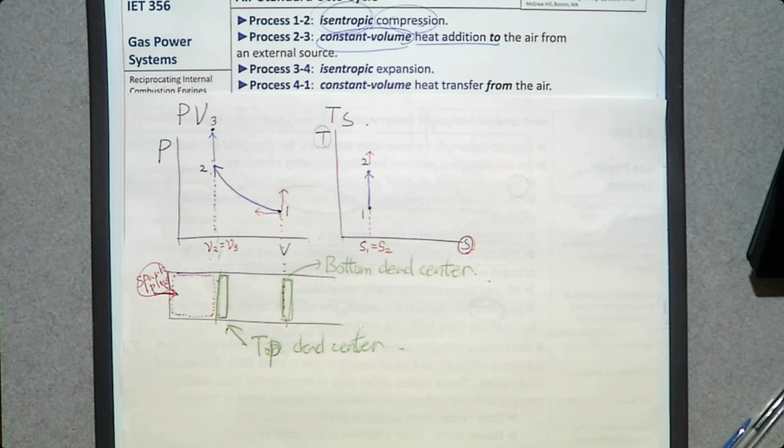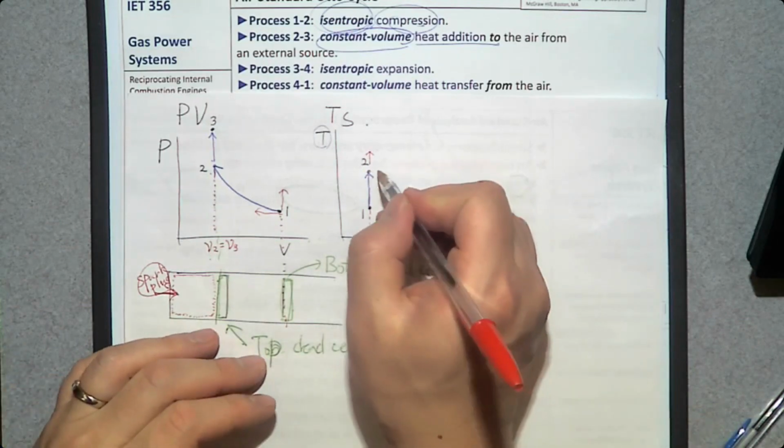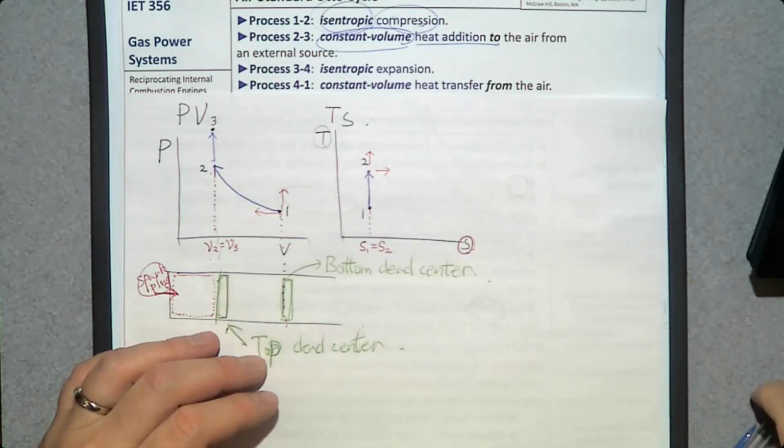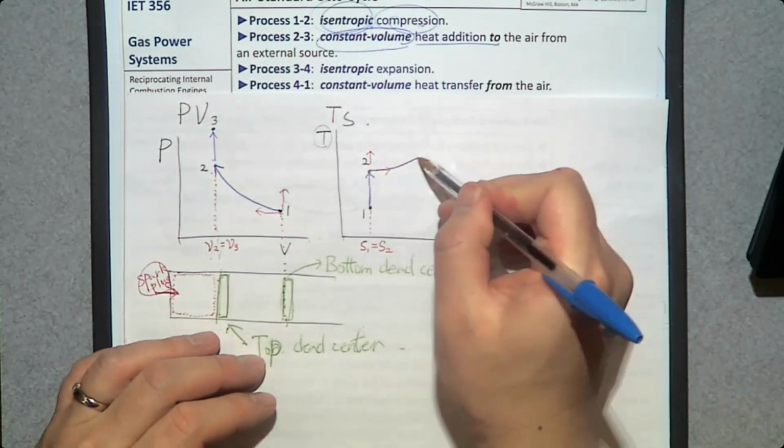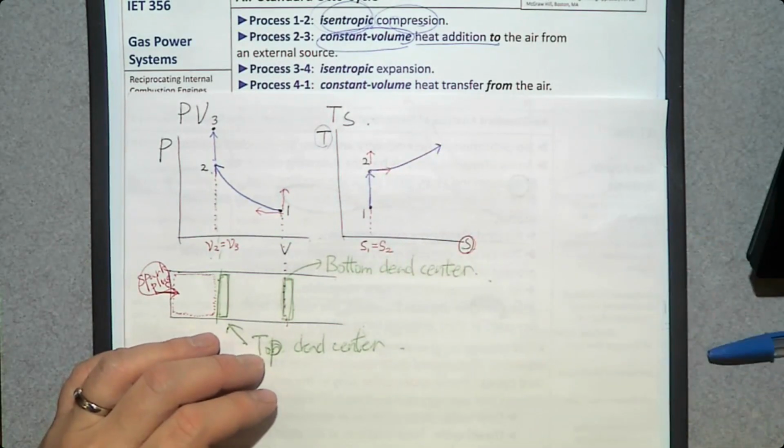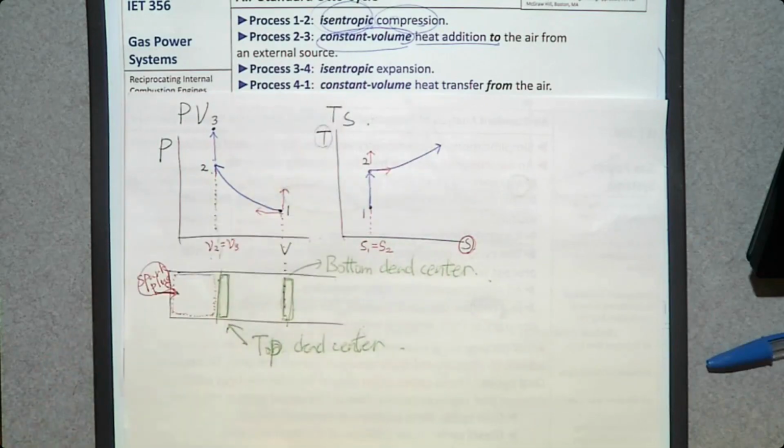So when heat goes to the system, that means waste goes to the system. So it gains more waste. That means that entropy goes up, because more waste energy means more entropy. Less waste energy, less entropy. So entropy should increase because heat is added this way. And temperature goes up, of course, because heat is added.